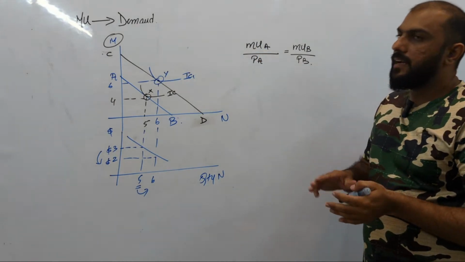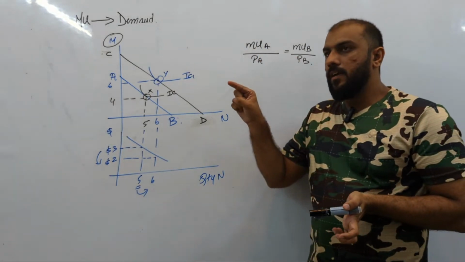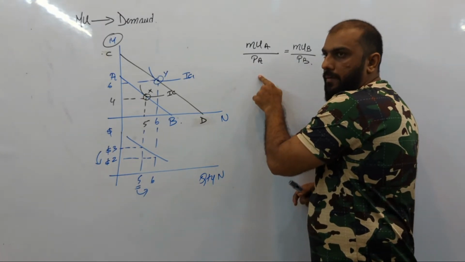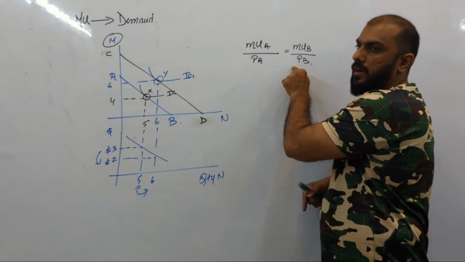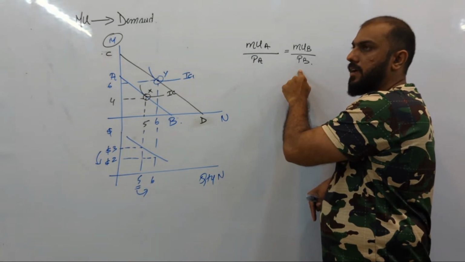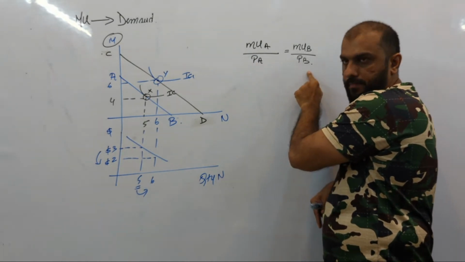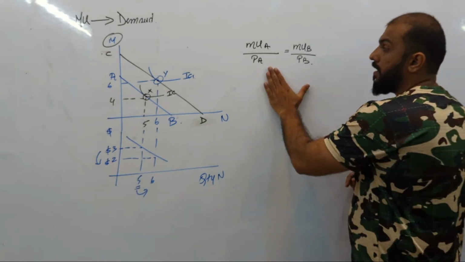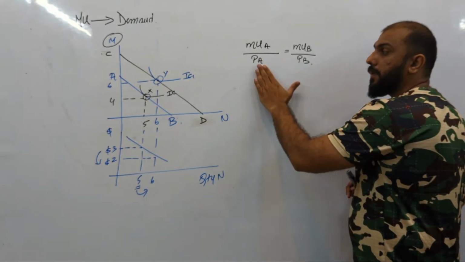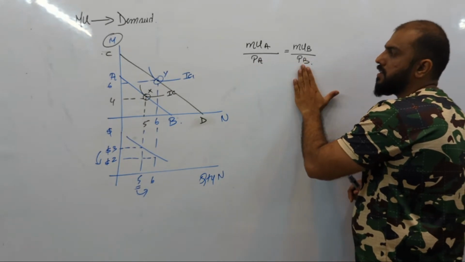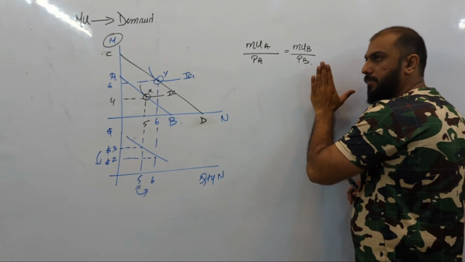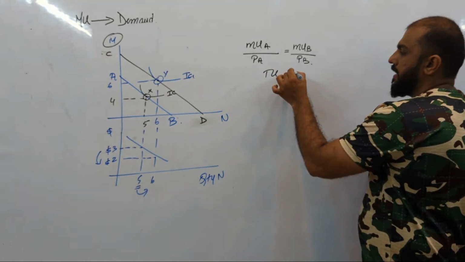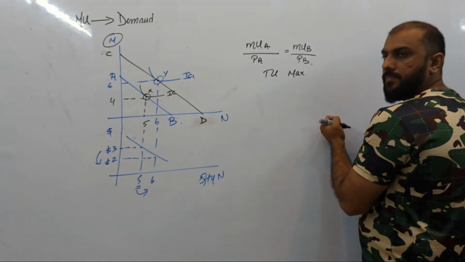And what this basically means is that the marginal utility per dollar spent on A is equal to the marginal utility per dollar spent on B. If they're equal, this means that your total utility is maximized, right?